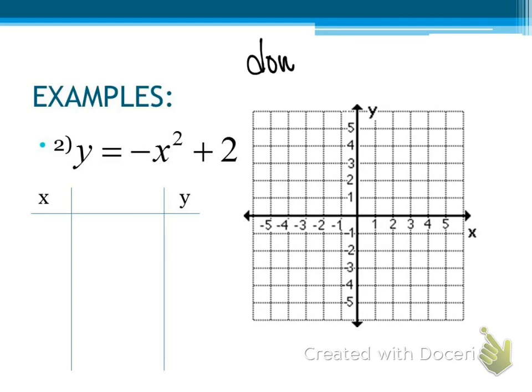So this one's going to open down, which means it's going to have what kind of value? A maximum. If it opens down, then there should be a highest point on it that we call the maximum point.